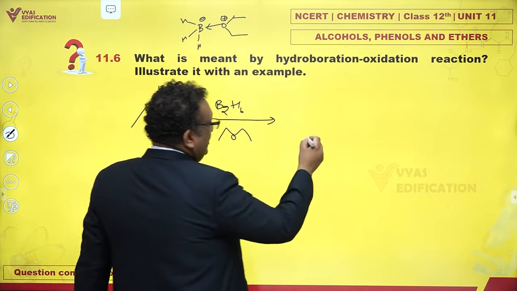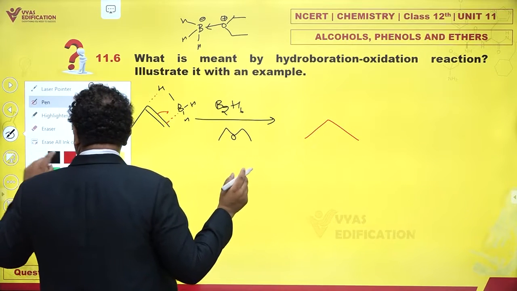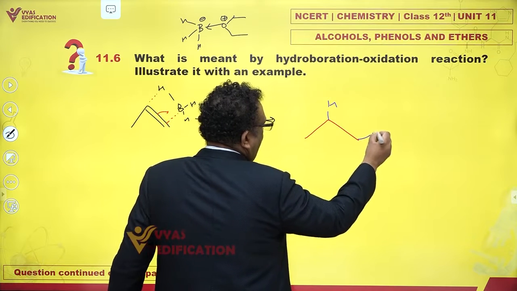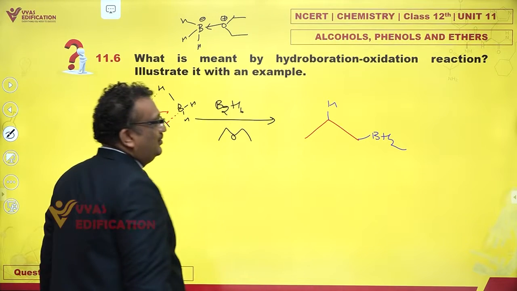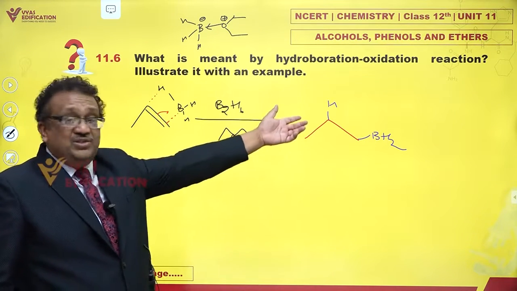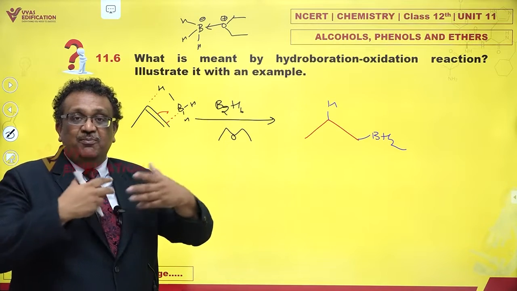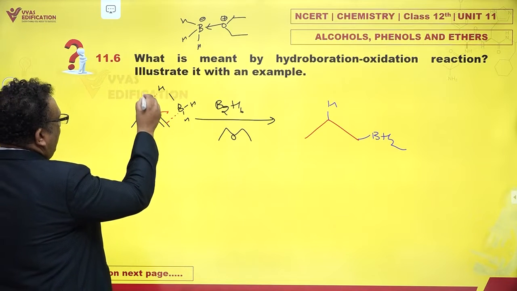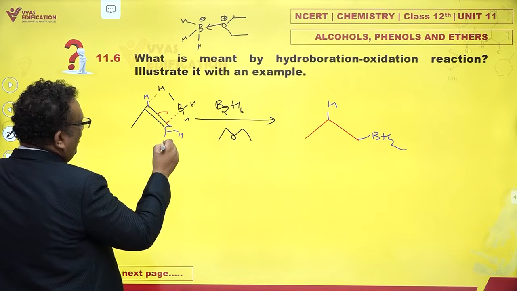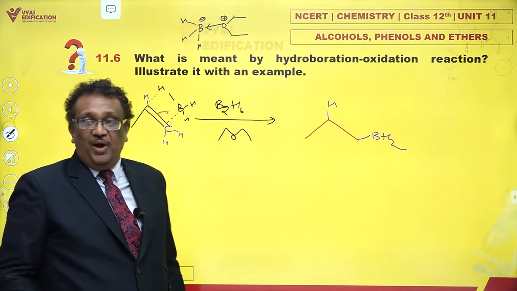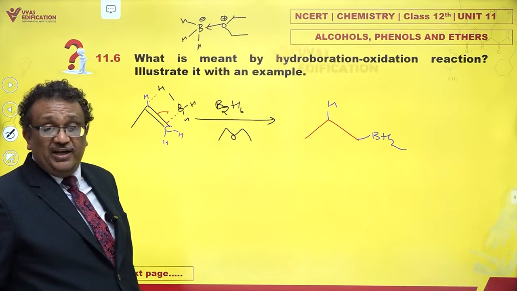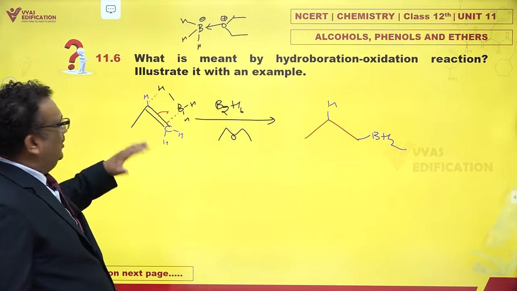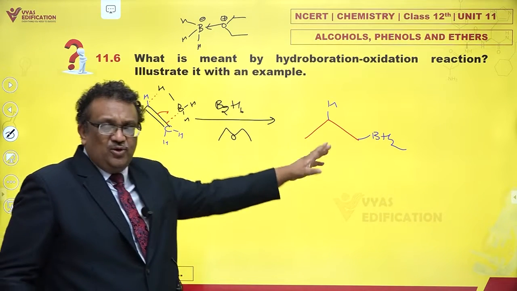It actually splits up as H and BH2, and it adds, and yes, this is an anti-Markovnikov addition. Hydrogen goes to that carbon which has lesser number of hydrogens. Why? Because boron tends to get attached to that carbon which can conveniently support negative charge, whatever the reasons may be. Let's not get into that.